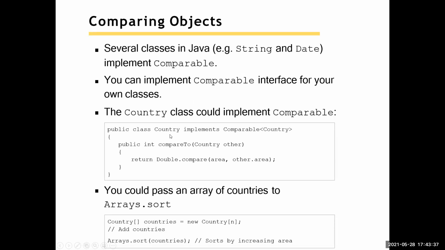If I have country, when I'm comparing two objects of country, what is it that I'm comparing? Am I comparing the area? Am I comparing their income? Am I comparing the amount of income through export? Or am I comparing their import amount? What is it that I am comparing? Am I comparing the difference between import and export?